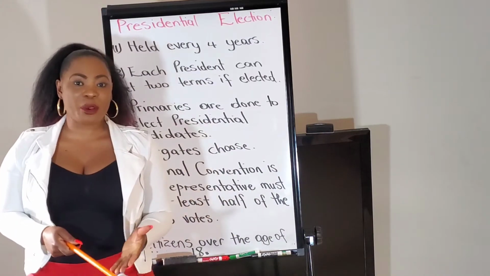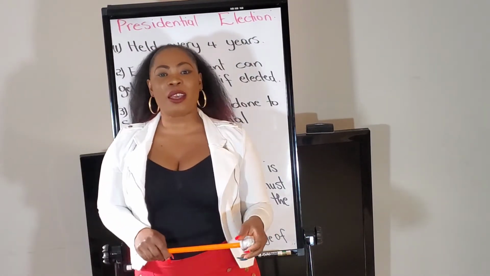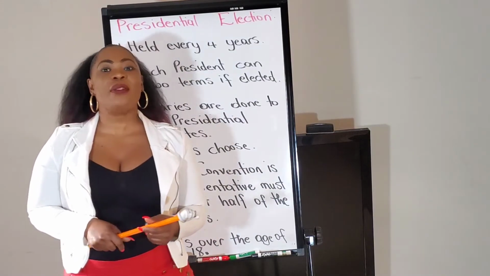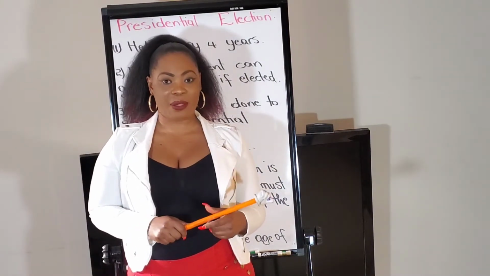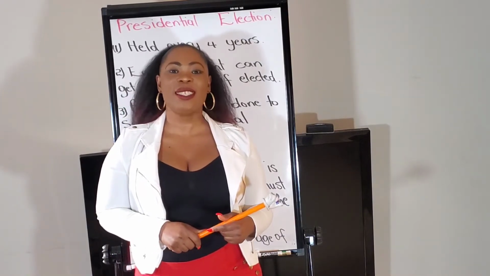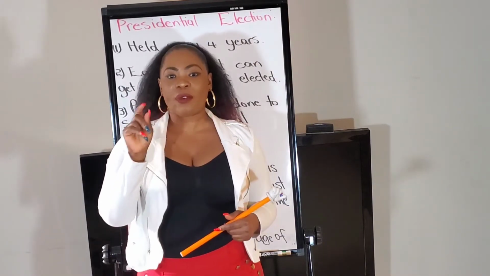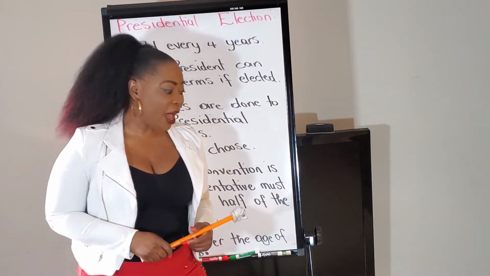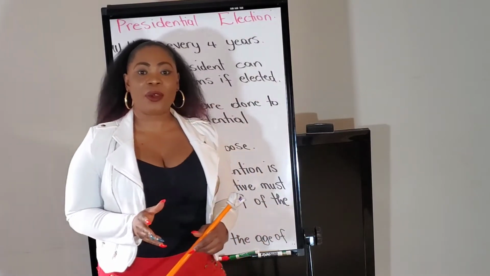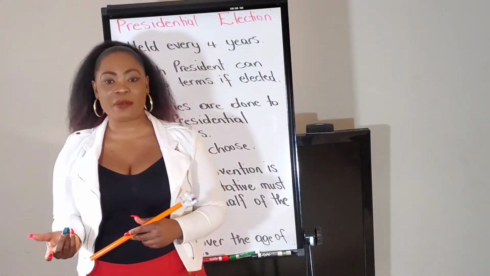Now, what happens here is that people are given some tiny papers with the candidates on them, and those are called ballots, by the way, B-A-L-L-O-T-S. So they're given ballots. They go behind a little booth, which gives them their privacy.